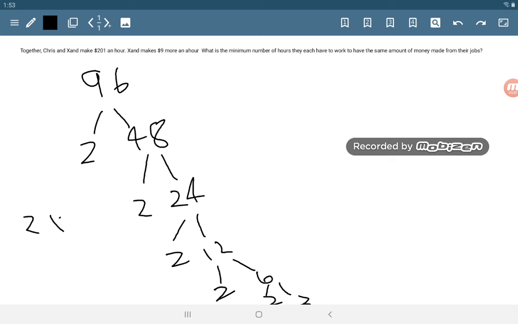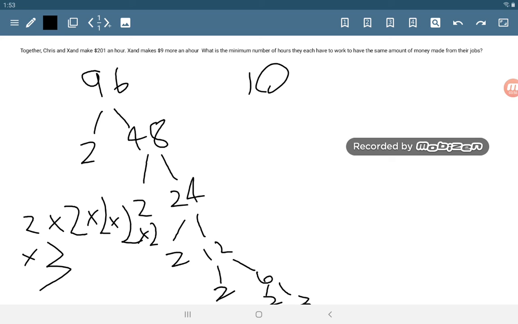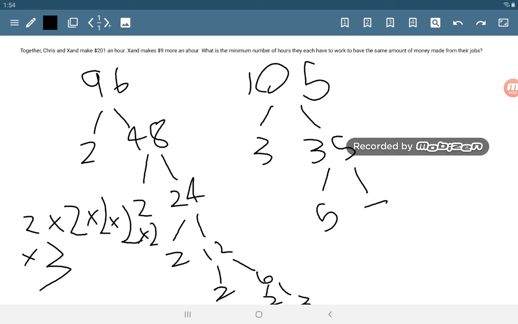So 2 times 2 times 2 times 2 times 2 times 3. And then 105 is 3, 5, 7. 3 times 5 times 7. Notice they both have a common prime factor of 3.